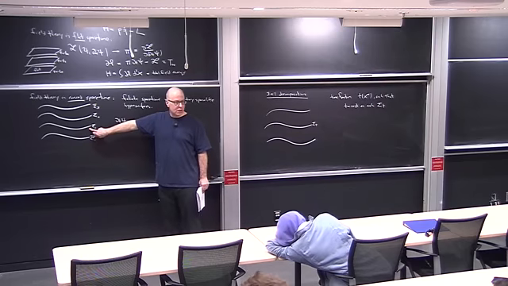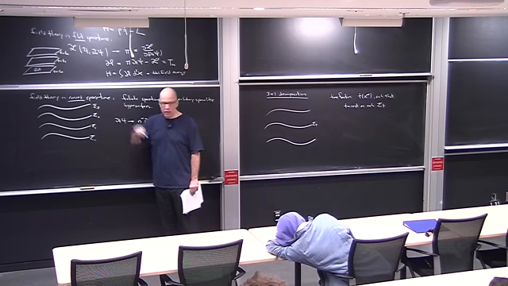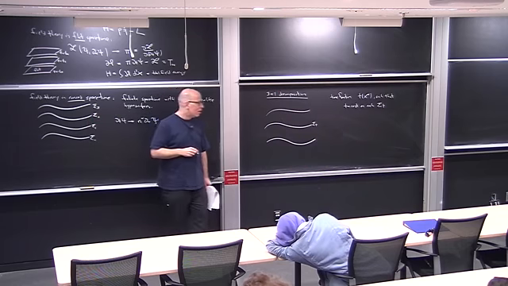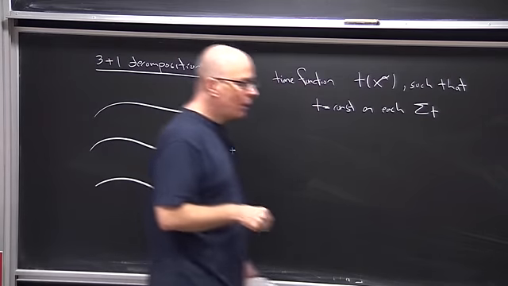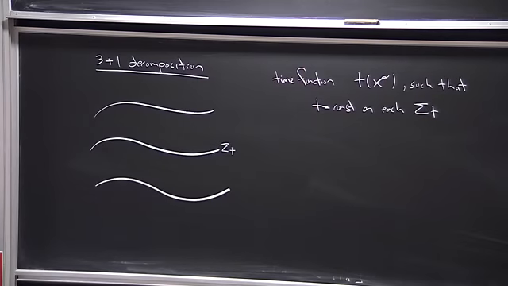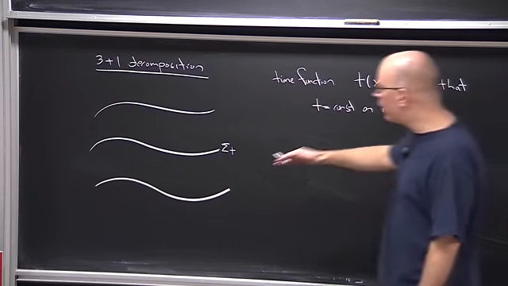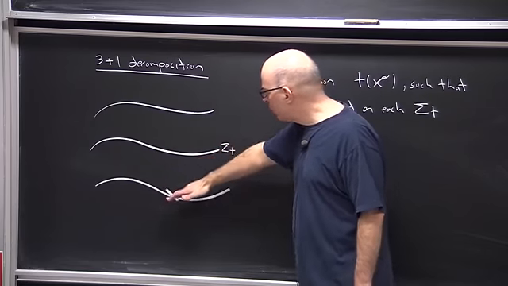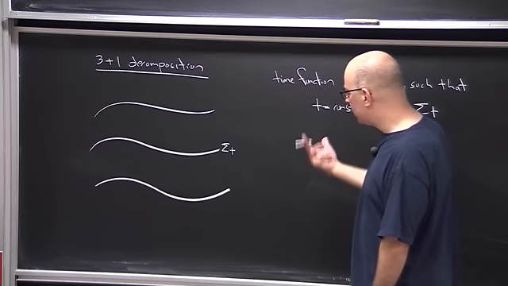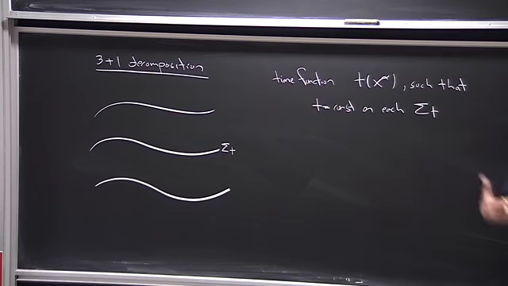This would be the surface t equals t1, t2, t3, and so on. So this function t, I call it t now because it really represents a time. We have a monotonic increase of time as we move up the foliation like this. So it's a good way of defining a time function. It's a good way of representing time in our spacetime.